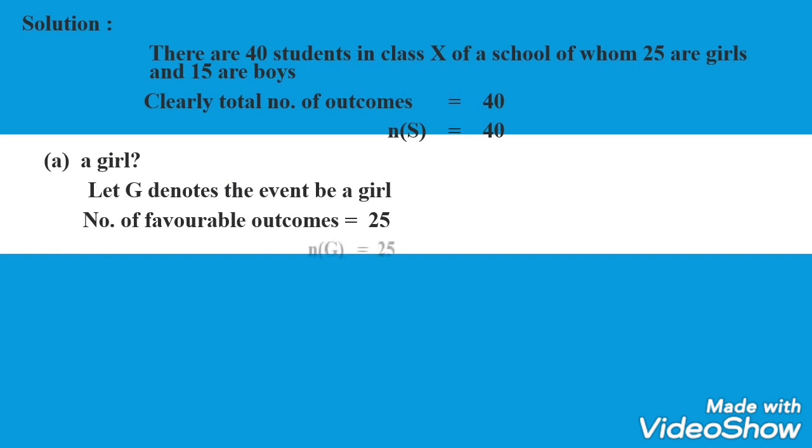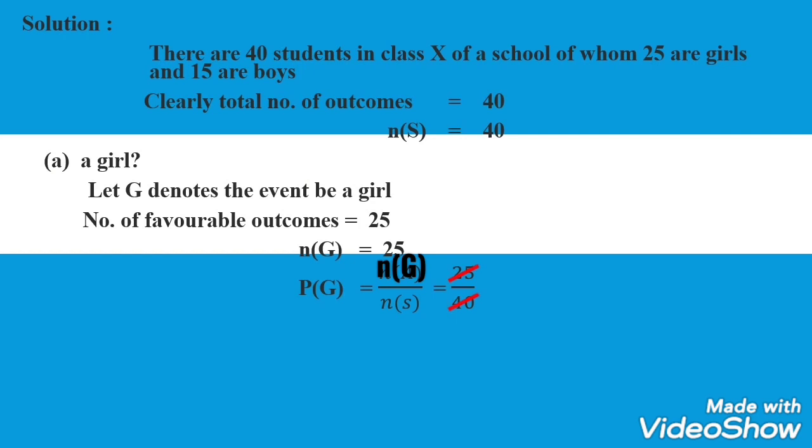The formula for probability is the number of favorable outcomes divided by the total number of outcomes. That means n of the taken event divided by n of S. Here n of G is the favorable outcome. So P of G equals n of G divided by n of S, which is 25 divided by 40. The fraction 25 by 40 can be divided by the same number 5: 5 fives are 25, and 8 fives are 40.